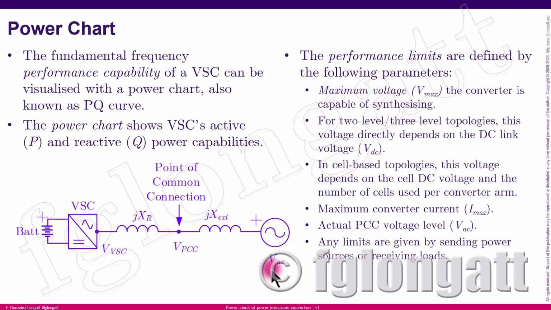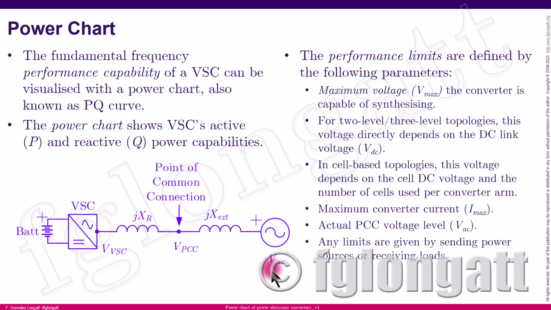For that reason, it's not only the power converter topology, it's also the primary direct voltage that we use to supply the converter. And there is a relationship between the DC and AC voltage that can be provided, which also depends on the DC voltage that we supply to the converter. And a very important limit is the maximum converter rating.